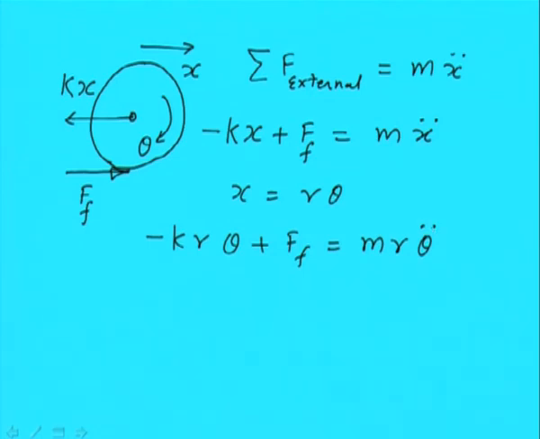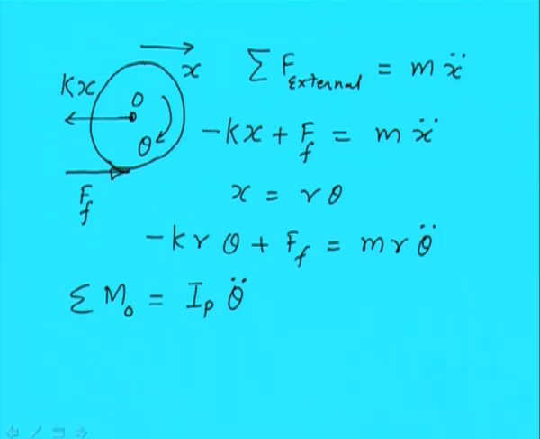Now we'll see the rotational part. Now we'll consider the moment about the center of the cylinder, because it is rotating with theta, so it will have a rotary inertia also. So we can take the summation of all the moments about the center of the roller, which will be equal to the polar mass moment of inertia of the cylinder into the angular acceleration.